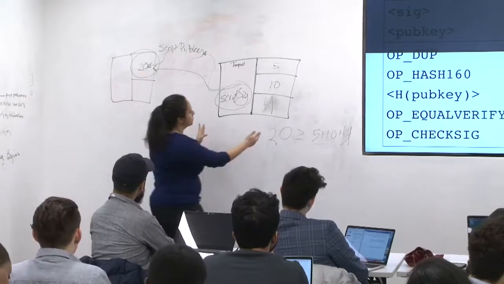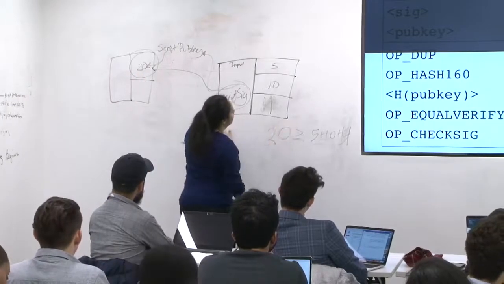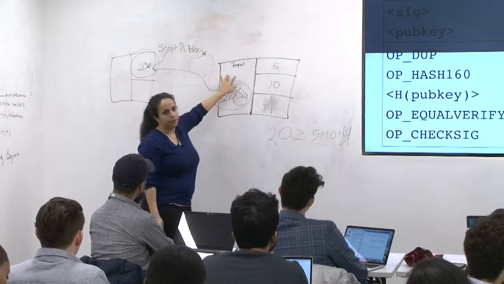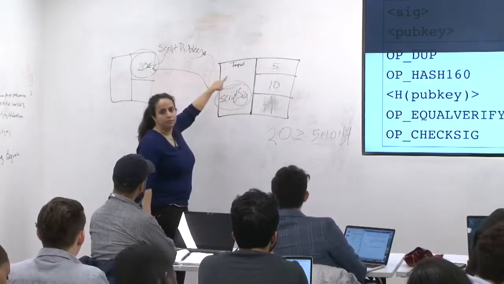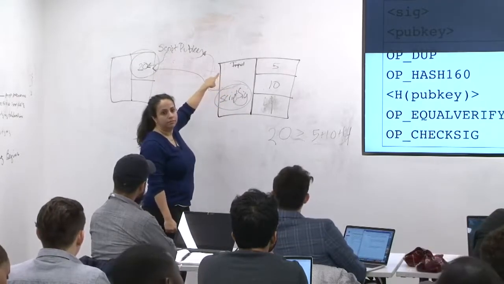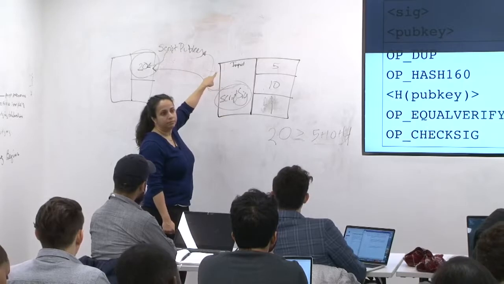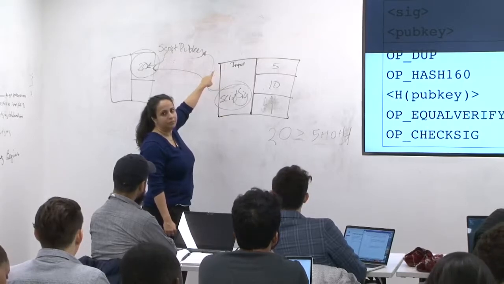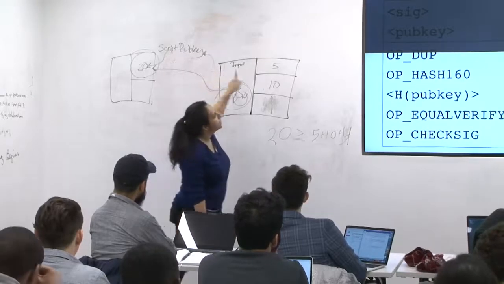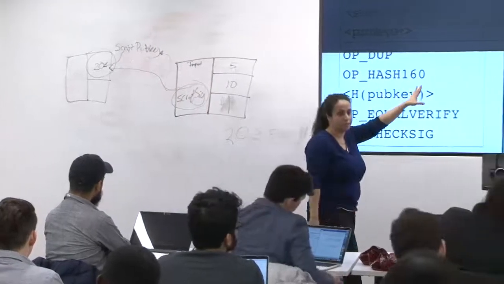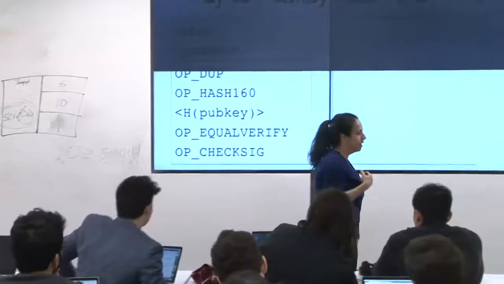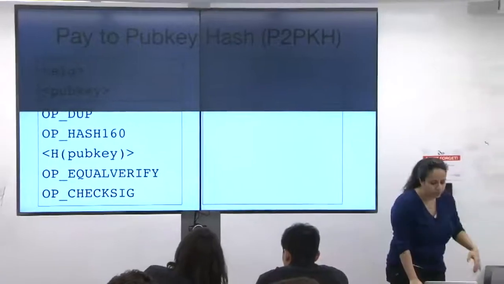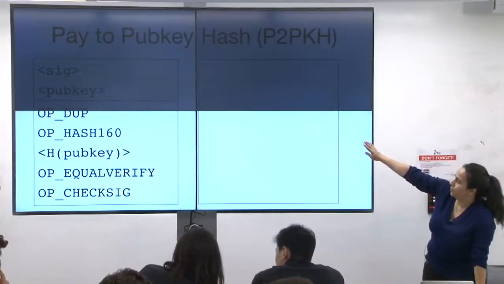And when Bob's redeeming, what would go in the input that needs to redeem that output? Sorry, I can't hear. Bob's signature and the pub key that corresponds to that signature, because all we have is a hash. So those are the things that would get put on top of the stack.